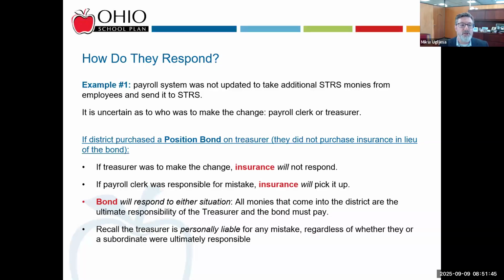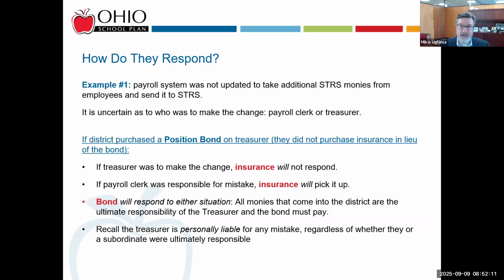And if the district purchased a bond on the treasurer, okay, and if the treasurer was to make the change, the insurance would not respond because there's a bond in place and bonded employees are excluded. Okay. Now, if the payroll clerk was responsible to make the change, insurance will pick it up. And the bond will respond to either situation.